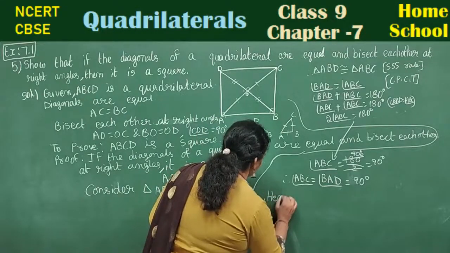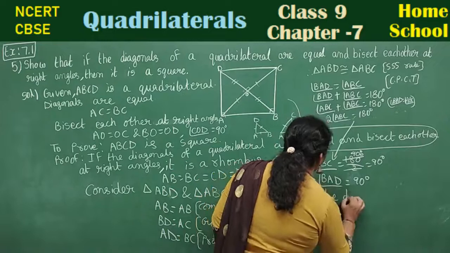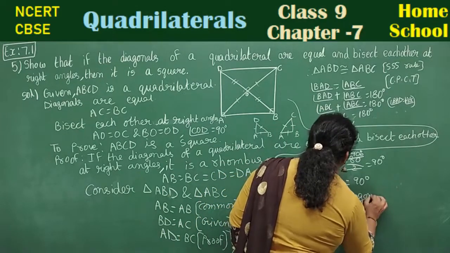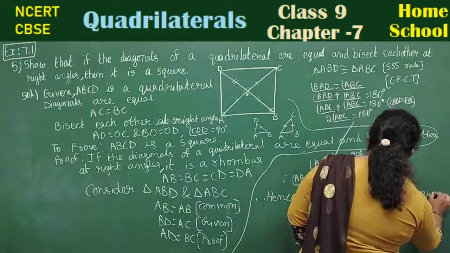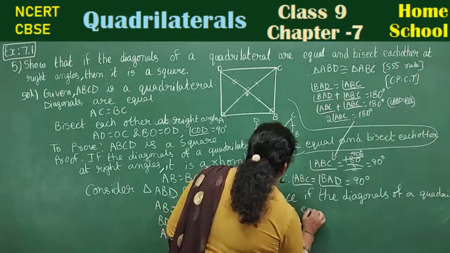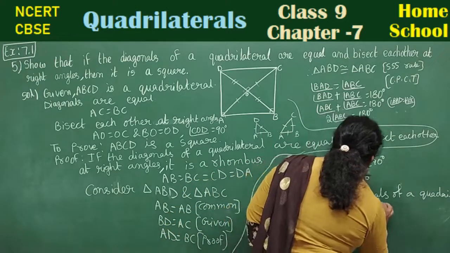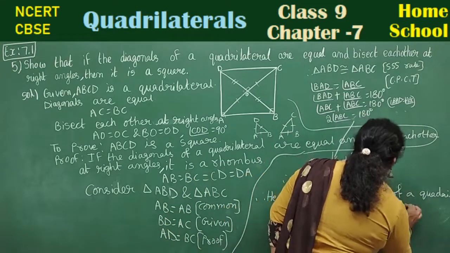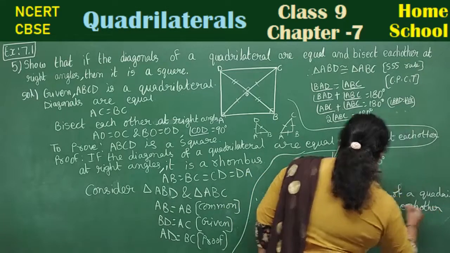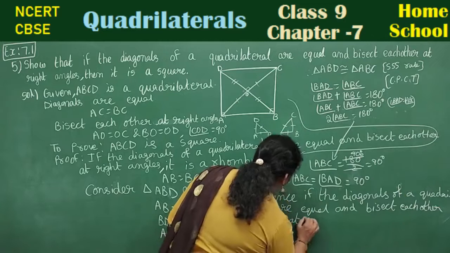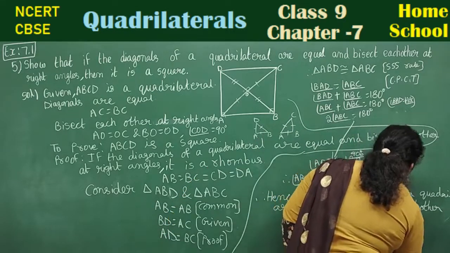Therefore, hence, if the diagonals of a quadrilateral are equal and bisect each other at right angles, then it is a square.